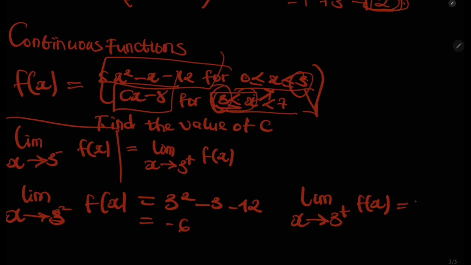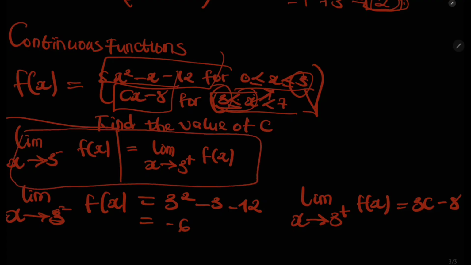So here we are going to have 3c minus 8. But remember, since f of x is continuous, the limit of f of x as x tends to 3 minus is equal to the limit of f of x as x tends to 3 plus.